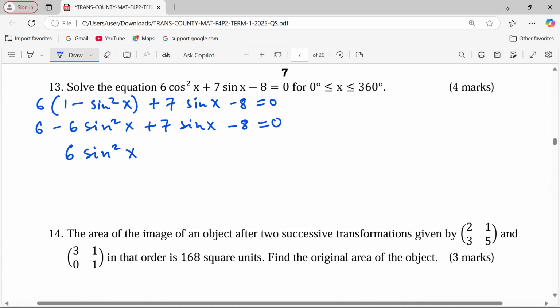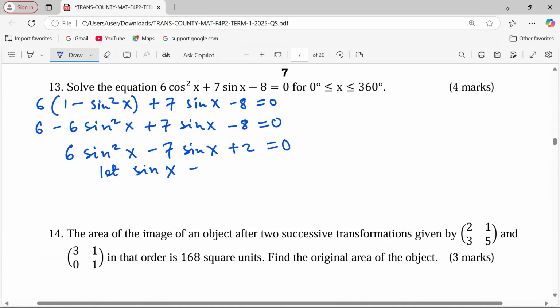Then 7 sine x will become negative on the other side. Then we are having 6 minus 8, which is negative 2, and now it should become a positive 2. So on the left we remain with a 0, but we take it to the right so that we have a quadratic equation in the right format.